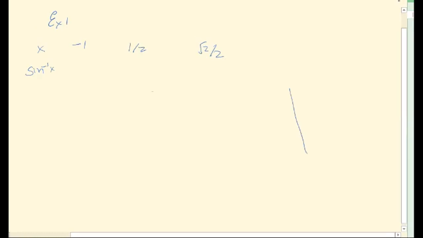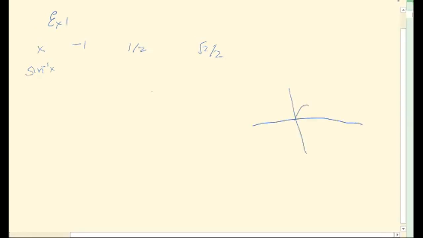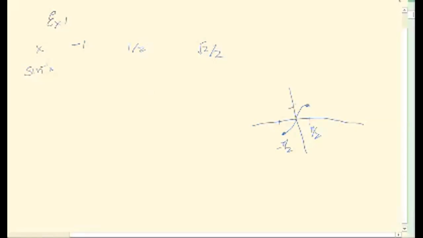Let's put a little graph here, just to look at. Here's the sine wave, from -pi/2 to pi/2. We're only going to look at the portion of the sine wave which runs from -1 in the y direction up to +1.